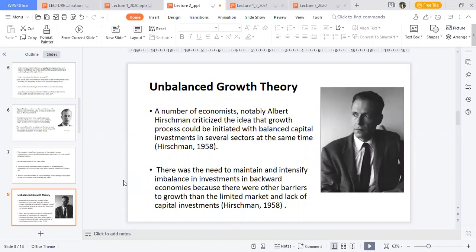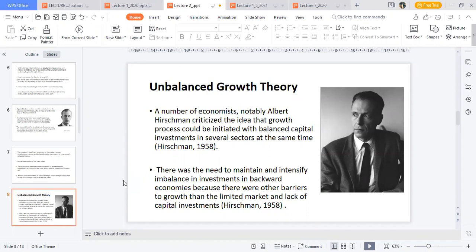So after these people have come to say, let's make sure the economy is balanced and all sectors are achieved, there came another man called Albert Hirschman. I think we all did development economics. We remember under the unbalanced growth theory where Albert Hirschman was mentioned.